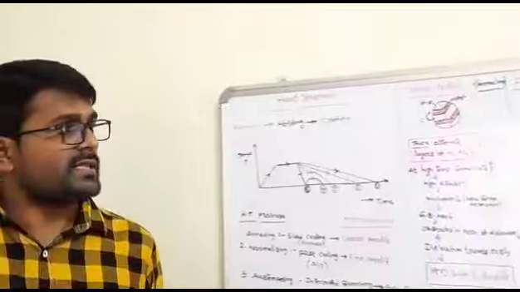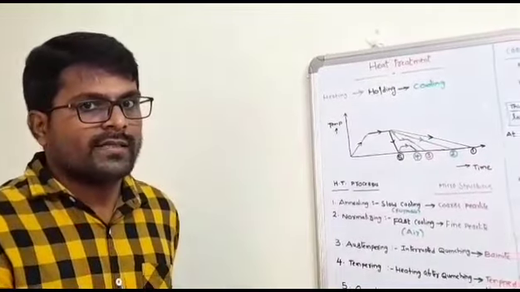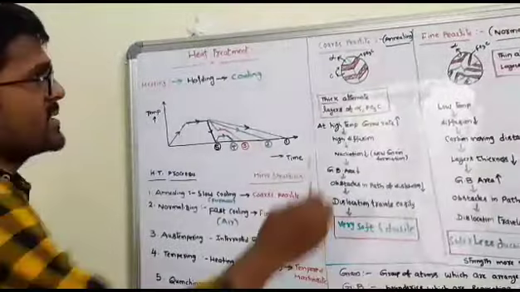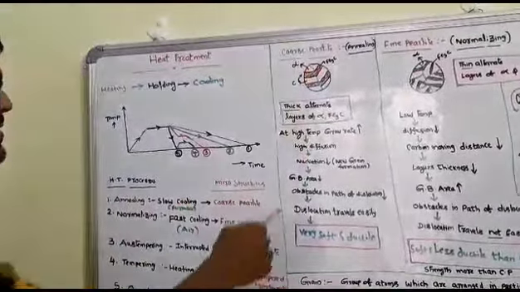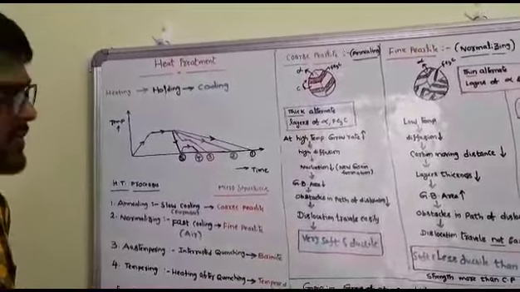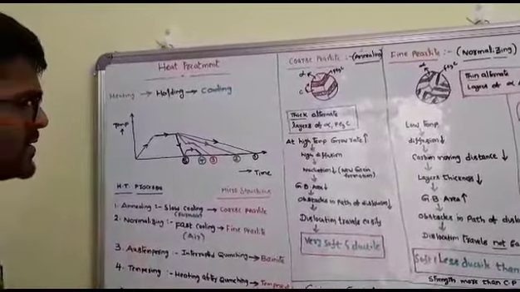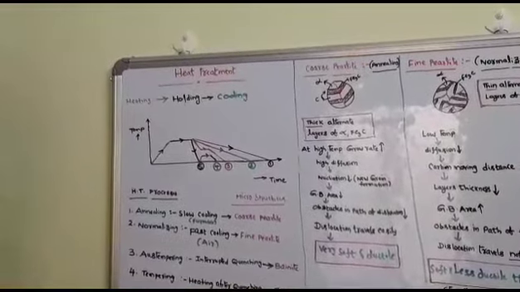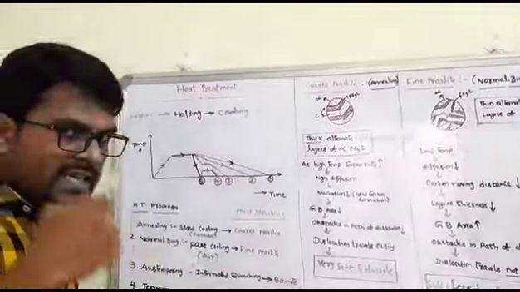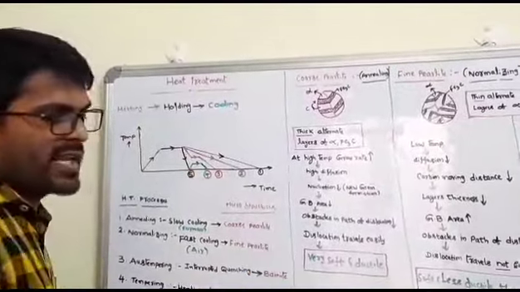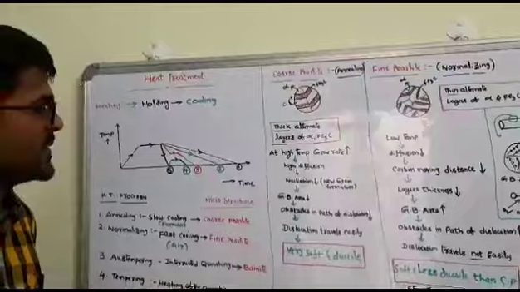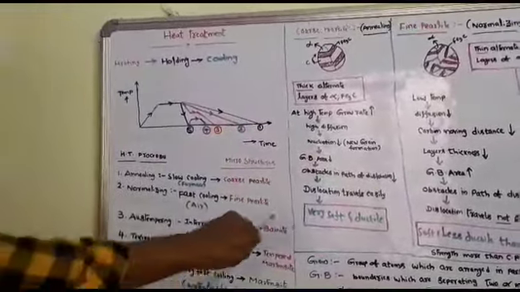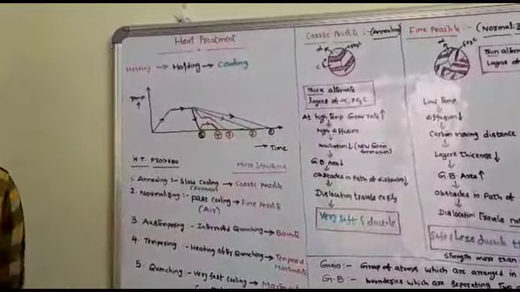Because boundaries are very less, the obstacles in the path of dislocation decrease, so the dislocation travels easily. If it travels easily, then we get a very soft and ductile structure. So in coarse perlite, we get very soft and ductile.